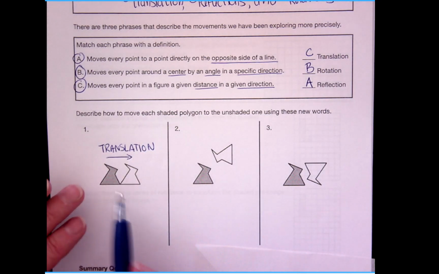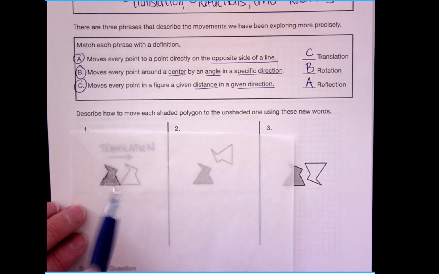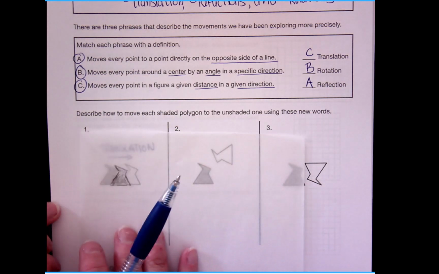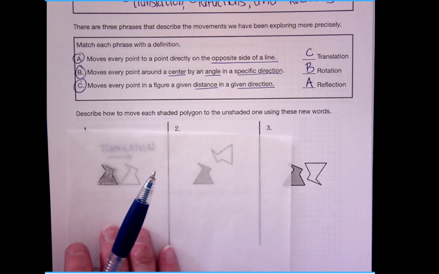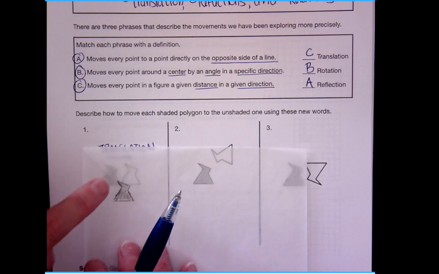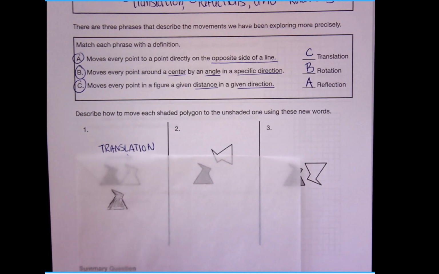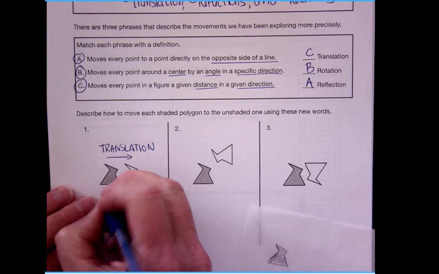You'll notice that I didn't change the way my bunny was facing. He was facing to the right, and he's still facing to the right. I can move up, down, left, right, but as long as I don't change the direction that my little bunny is facing, that's a translation. So we just slid to the right about 1 inch.